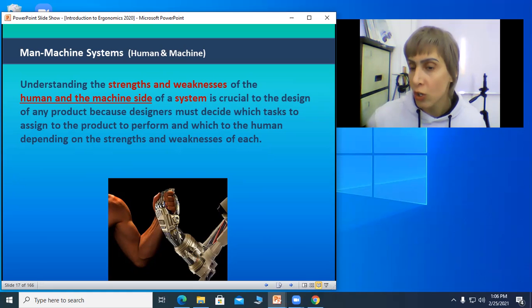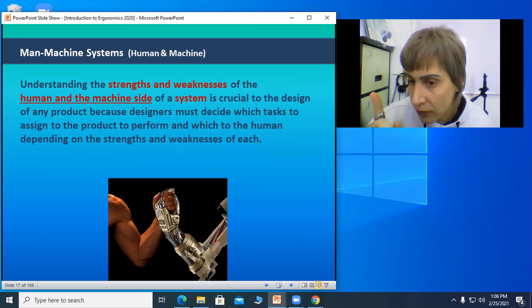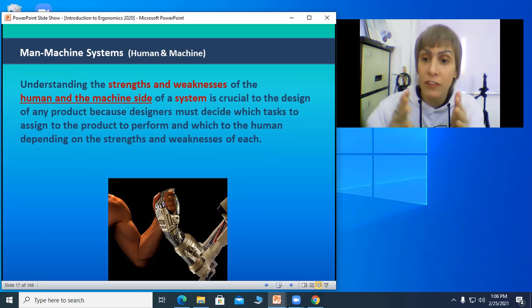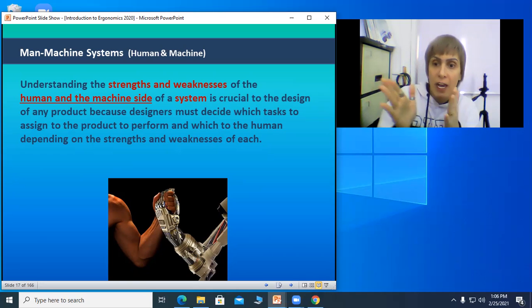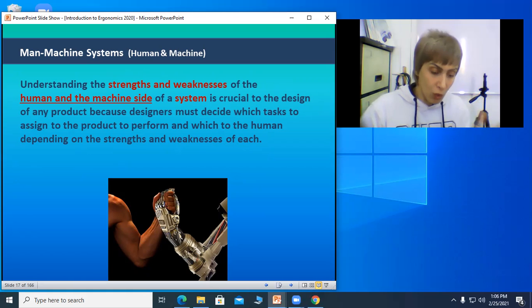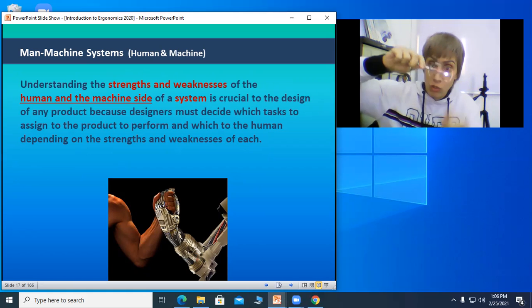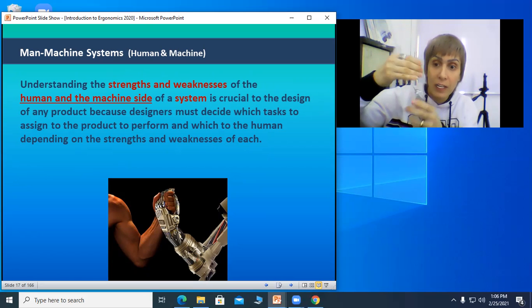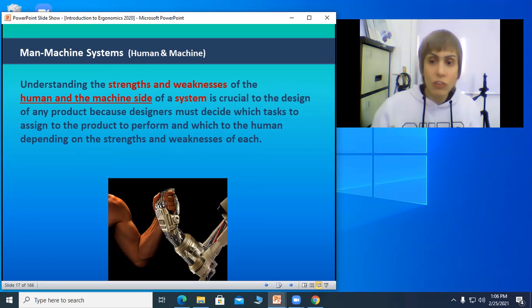If you don't know what the human is good at and weak at, and you don't know what the machine is good at and weak at, you will not know how to divide the tasks. So should the human do this, or should the machine do this automatically? Which is better?